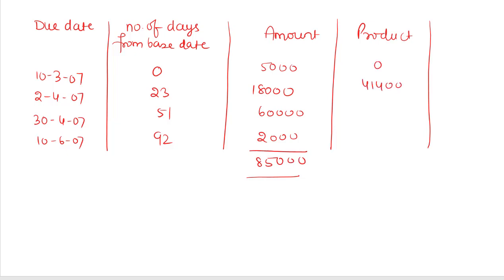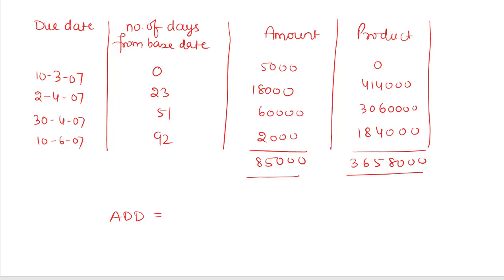Product: 0, 4,14,000, 30,60,000, 1,84,000. Total product 36,58,000. Average due date equals base date plus product divided by amount.